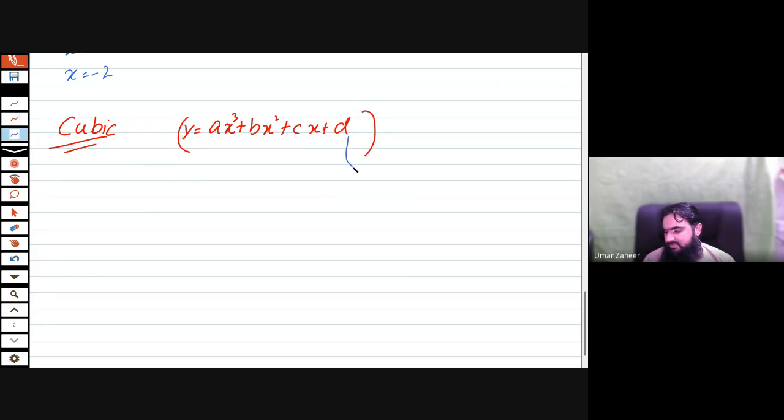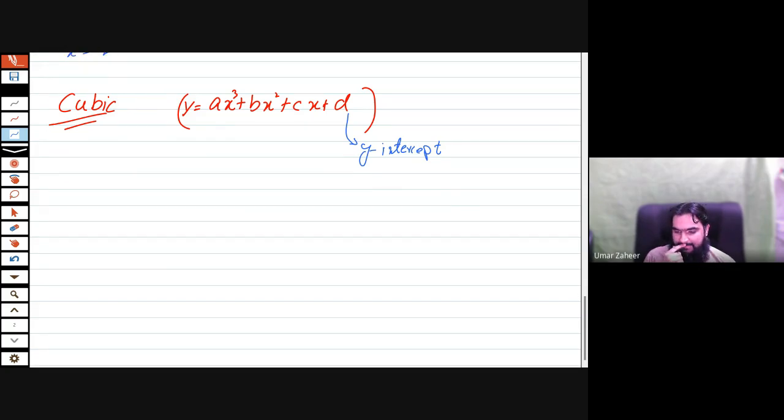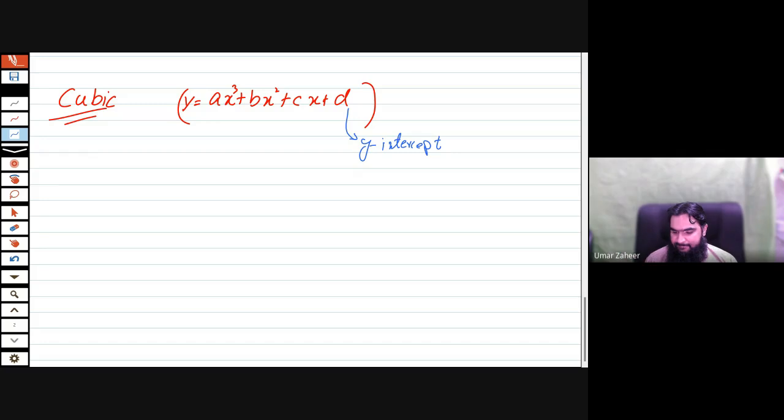Same as the constant value, which is basically your y-intercept. All right. And if we are going to talk about the shape of the graph, if the coefficient of x cubed is greater than 0, then the shape of the graph is going to look like this.